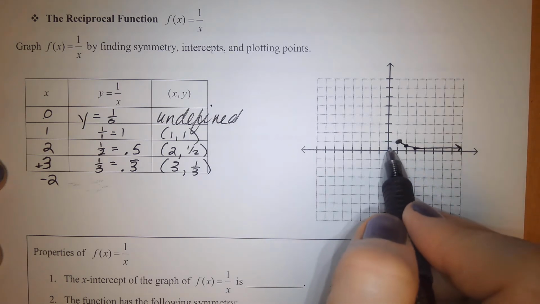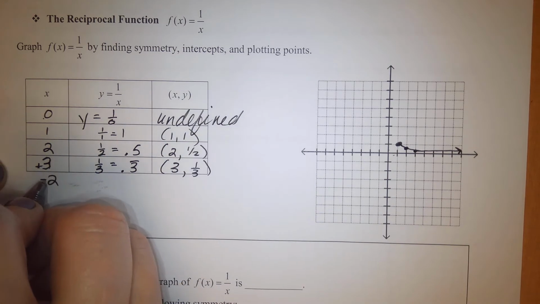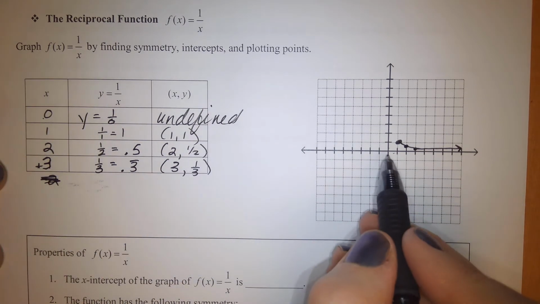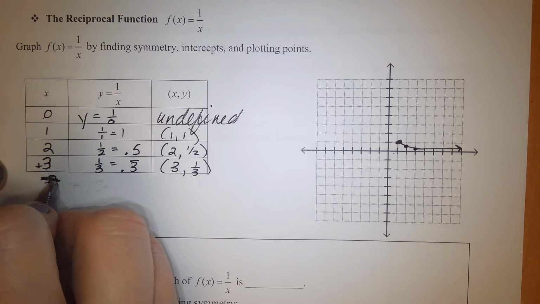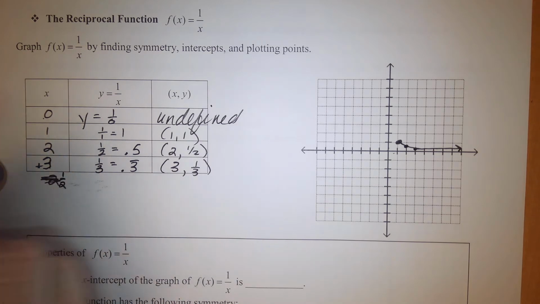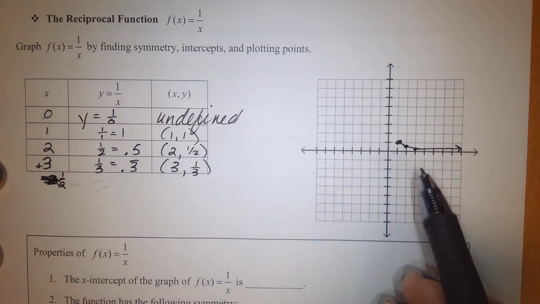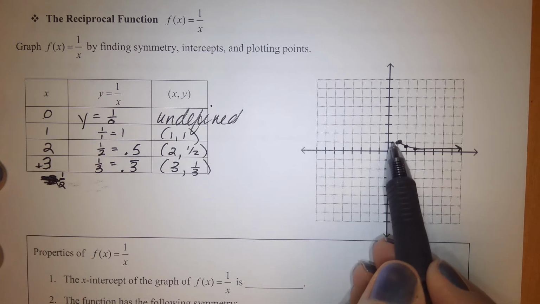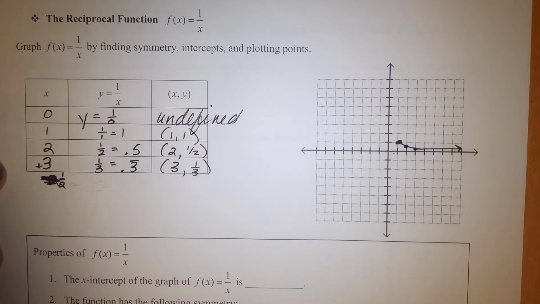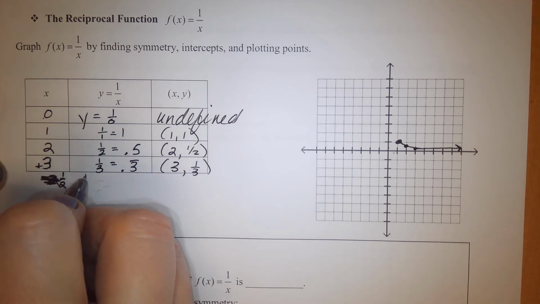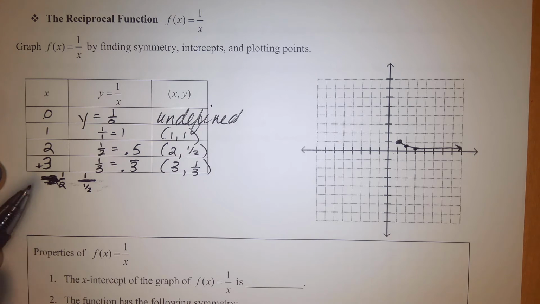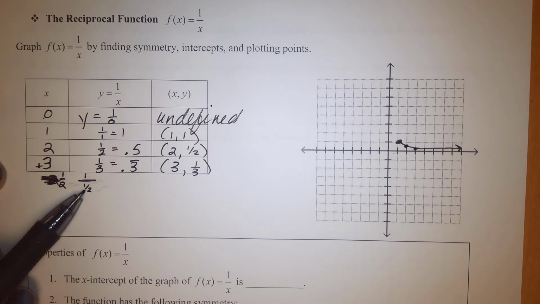But what's it doing in between 0 and 1? That I would like to know. So let's put in a point between 0 and 1. Let's actually put in a 1/2 for x. I'm trying to find a point like right in here to see what it's doing. If I put in a 1/2 for x, that's 1 divided by 1/2. And we know when we divide fractions, you actually flip the bottom fraction and multiply.